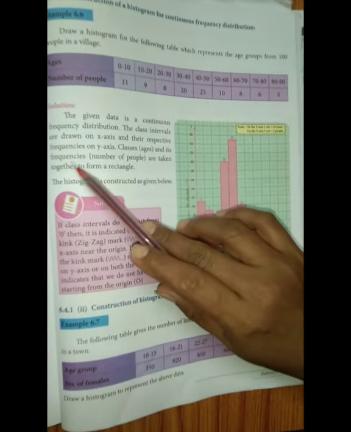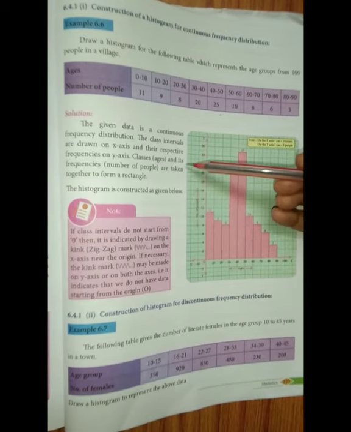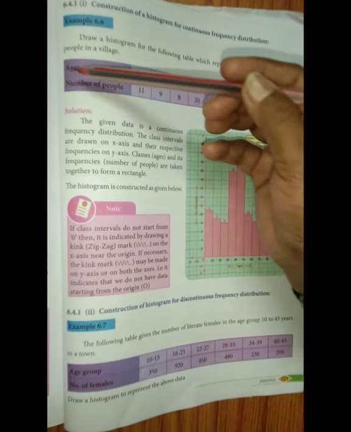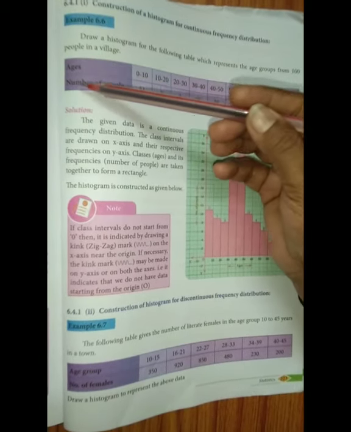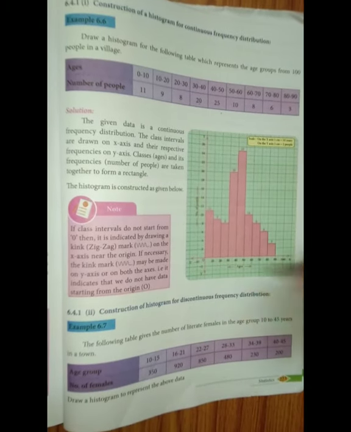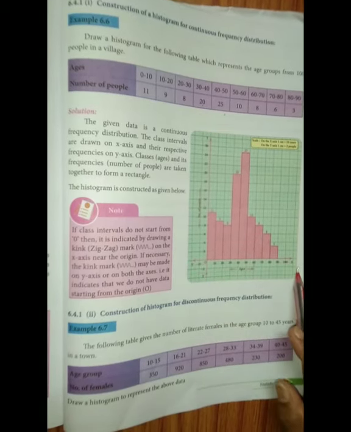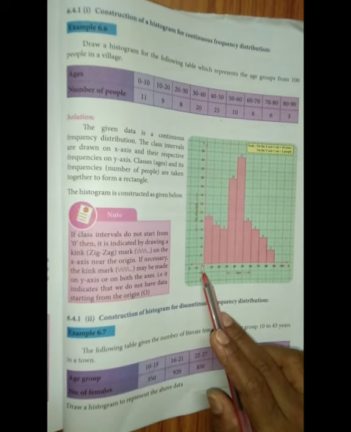The class intervals are drawn on the x-axis and the respective frequencies on the y-axis. So ages are the class intervals and the number of people are the frequencies. We can draw the graph in an L shape, with x-axis X'X and y-axis Y'Y, and the corner point is 0.